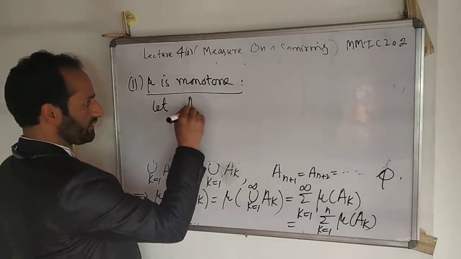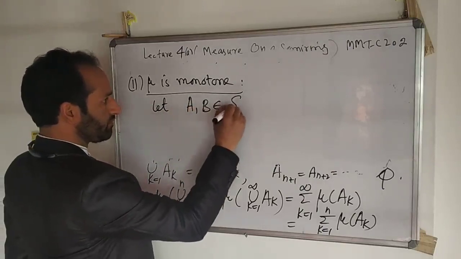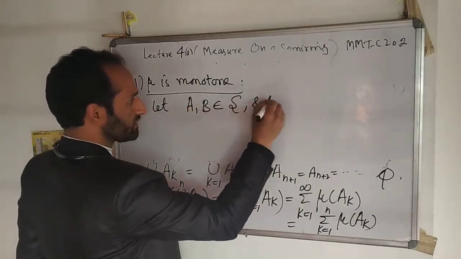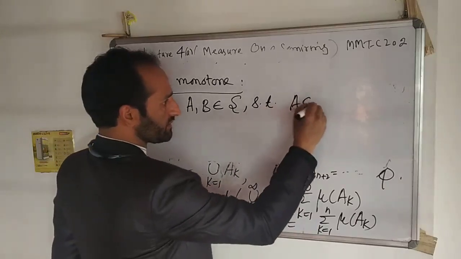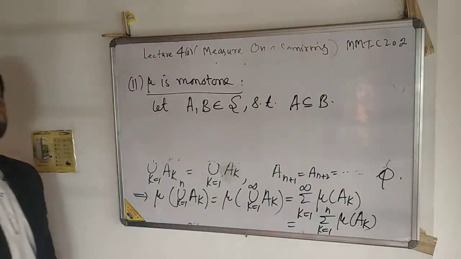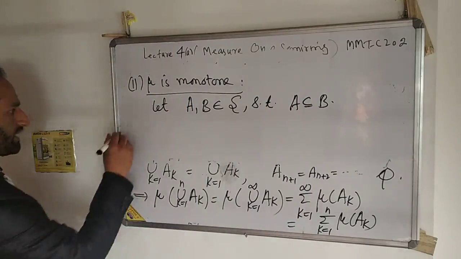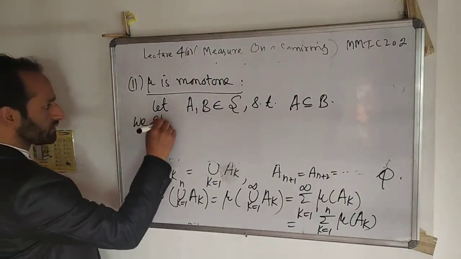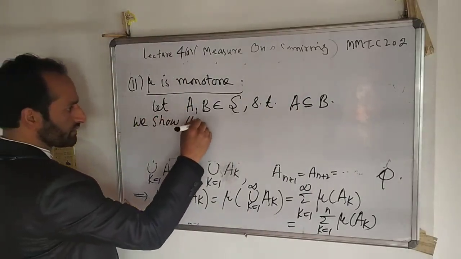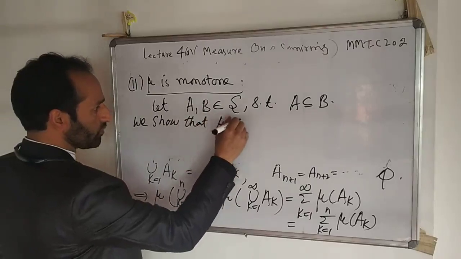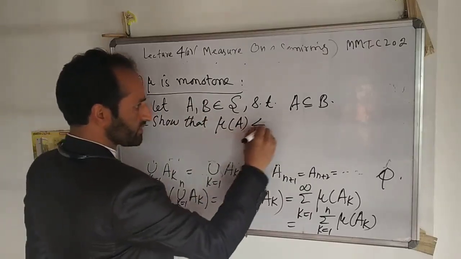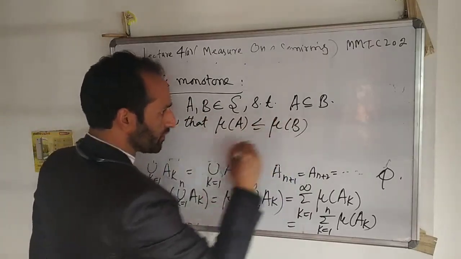Let A, B belong to S such that A is a subset of B. We show that mu of A is less or equal to mu of B.